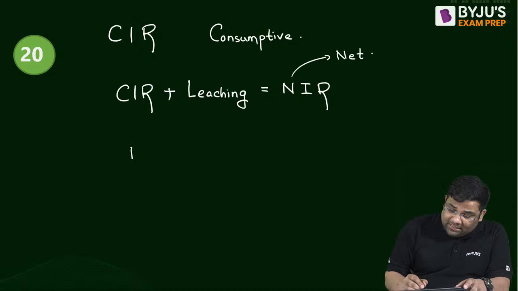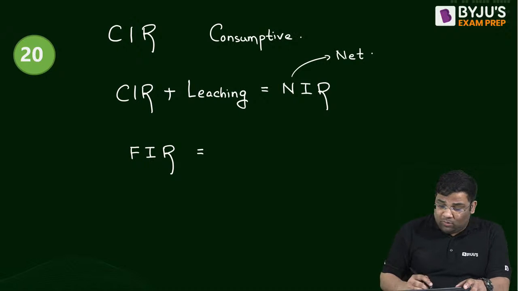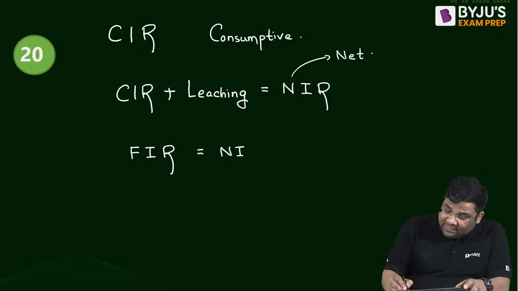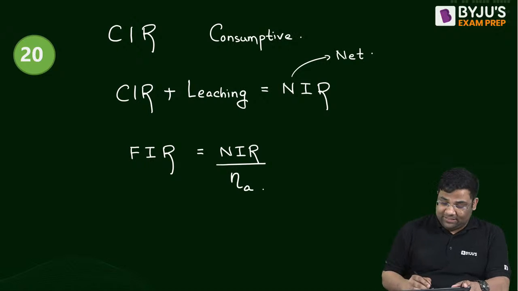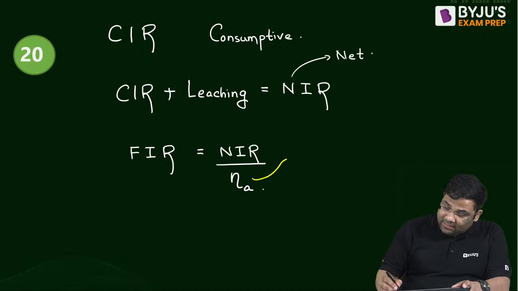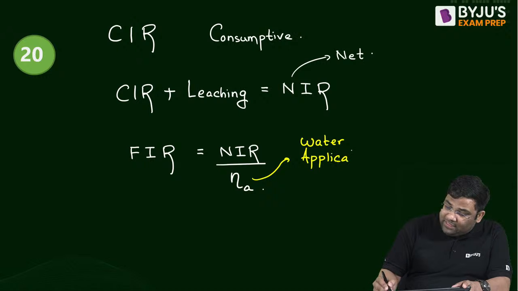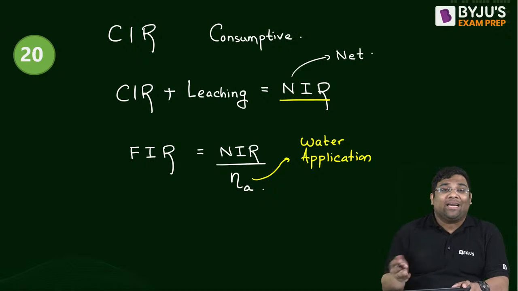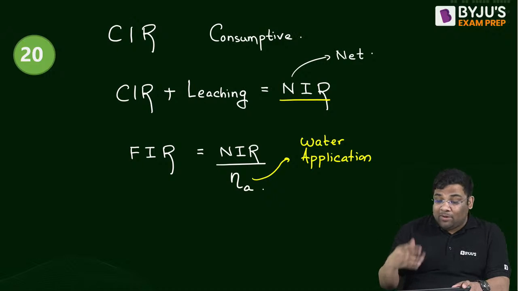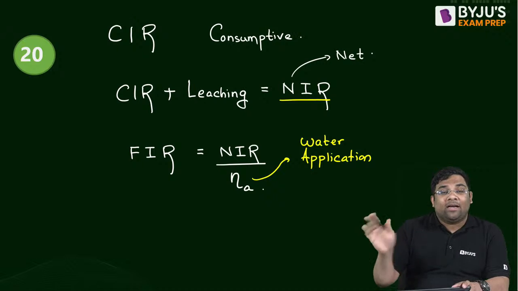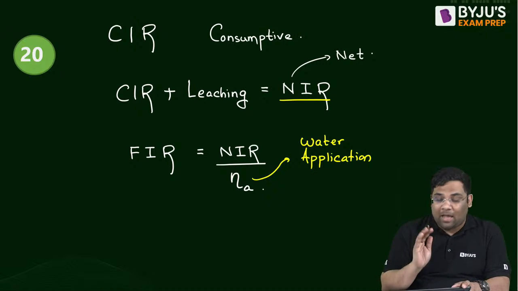Now, there is something known as the field irrigation requirement. That will be equal to the net irrigation requirement divided by the water application efficiency. Why? Because this much is the net requirement, but when you are providing it, there will be some losses. Some will drain out, and surface runoff will happen.